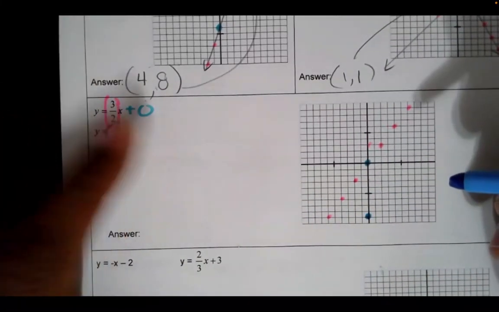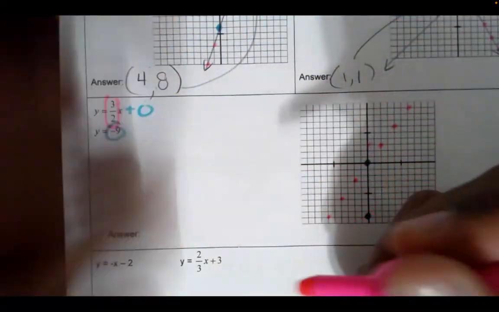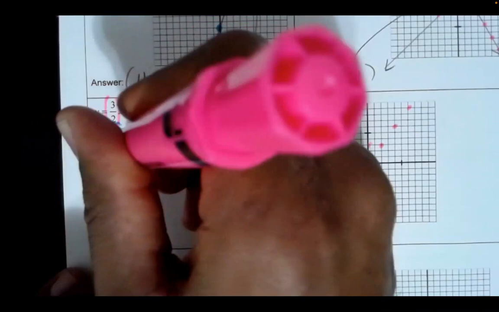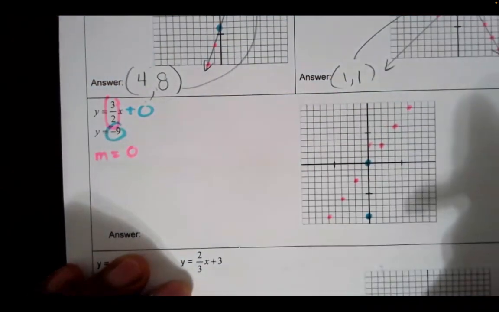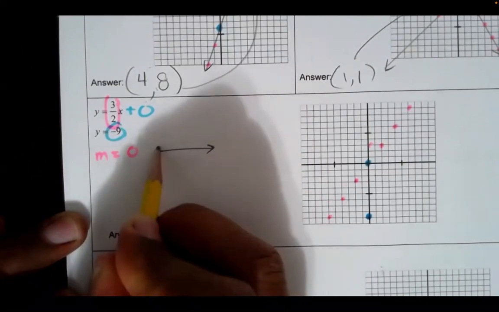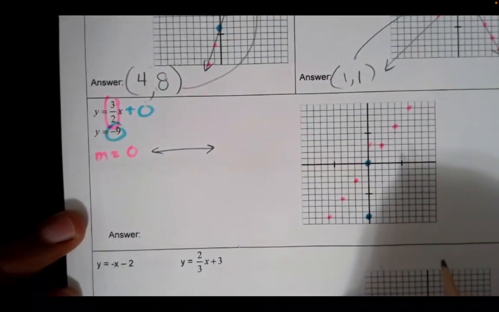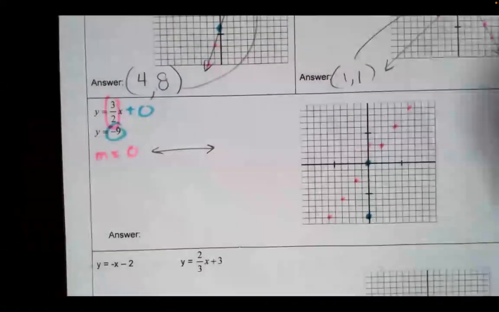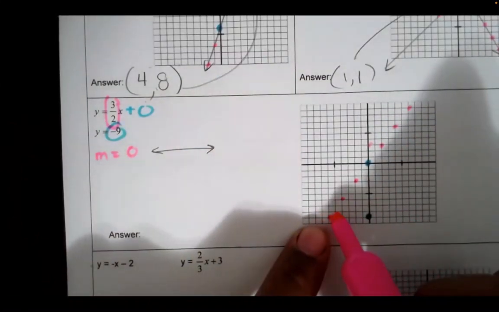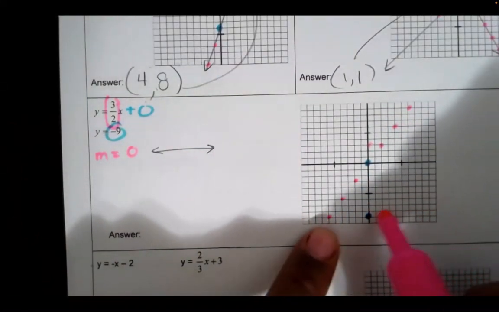Now there is no number with x, and if there's no number with x, that means that your slope, or your m, is 0, which then means, if you guys remember, this is a flat line that has no slope. So all I need to do is basically draw a straight line that goes straight across.